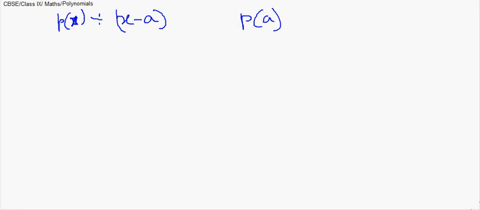So for our understanding, I write this remainder theorem and take up some applications.